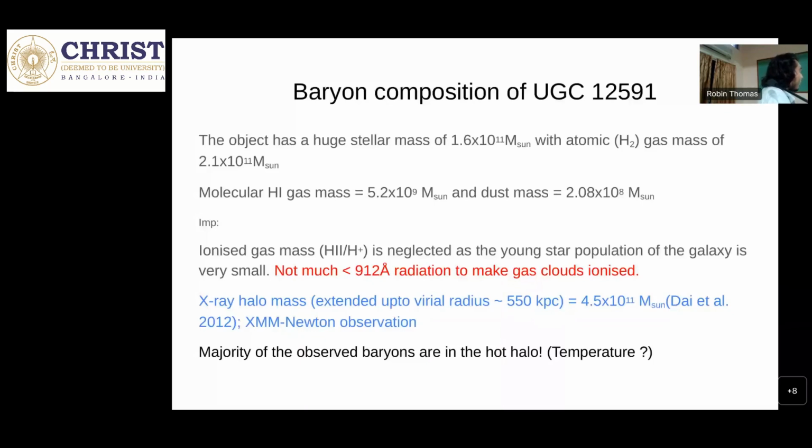We don't know why it exists, but it exists. At a mass around 10^10.5, we saw a break in the baryonic Tully-Fisher relation. It's a huge mass range, and every galaxy is following that relation, but suddenly there is a break.